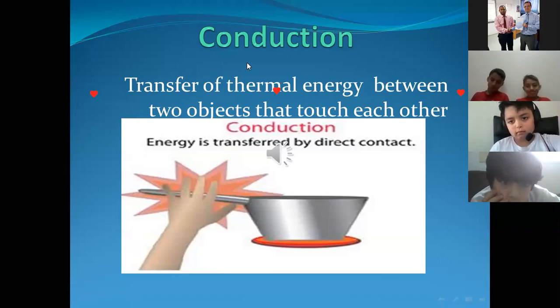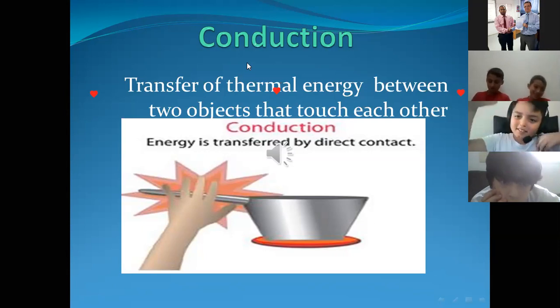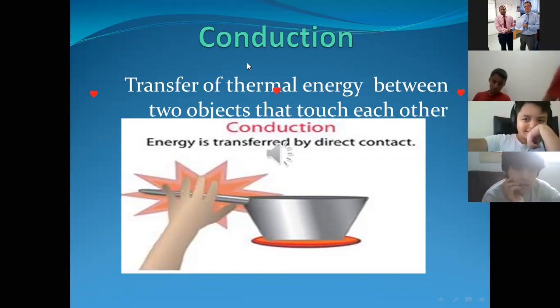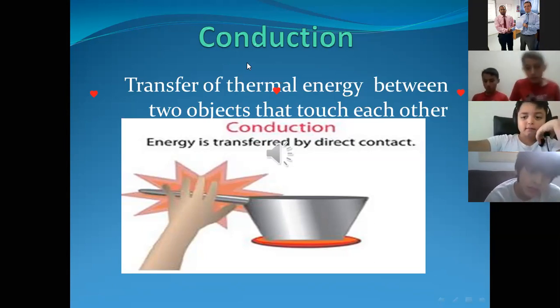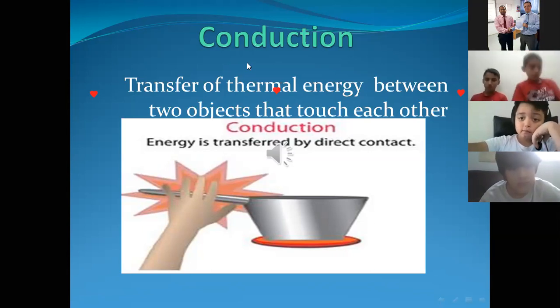I said touch something with your hand. How come? It's convection, not touch. Yes, convection. Excellent, very good. So movement of thermal energy by gas or liquid, this is convection.